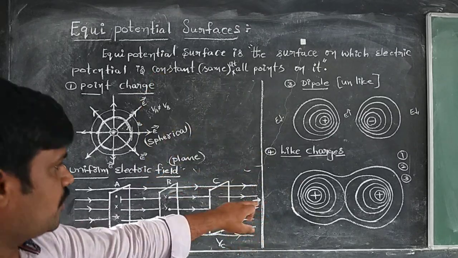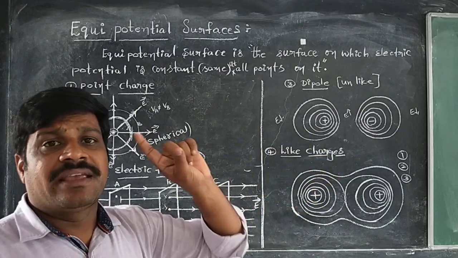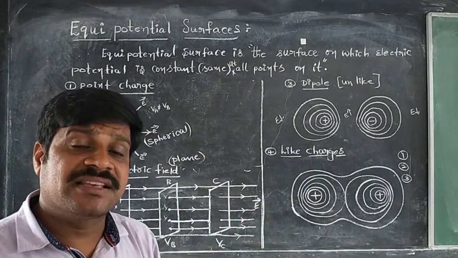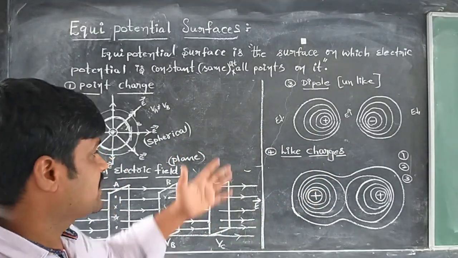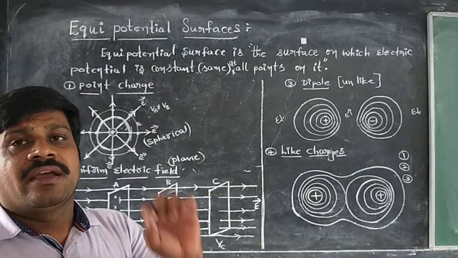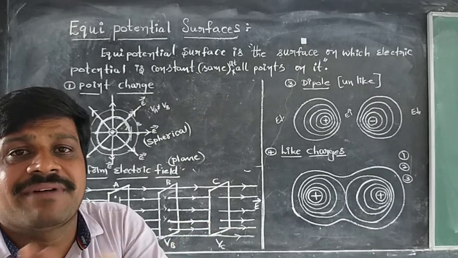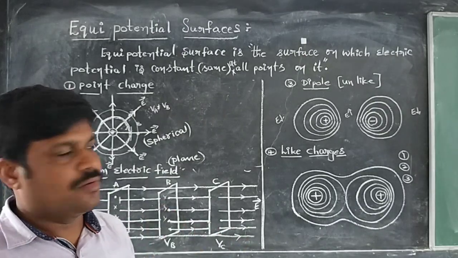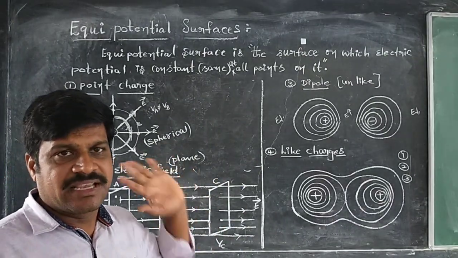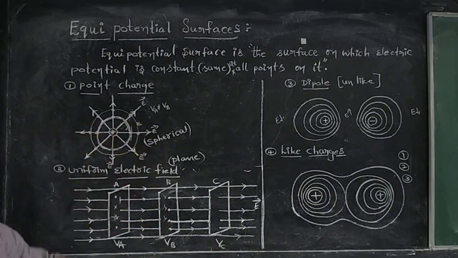Second point: electric field lines are always normal to the equipotential surface. Third point: two different equipotential surfaces never intersect with each other. Any more doubts? You just ask me.